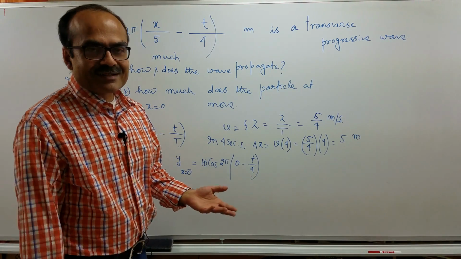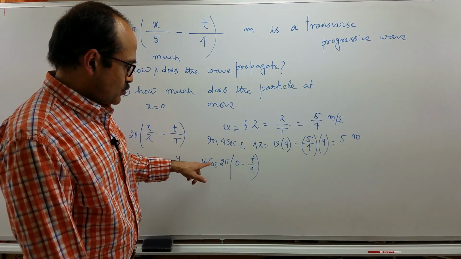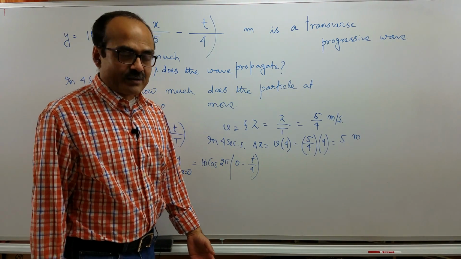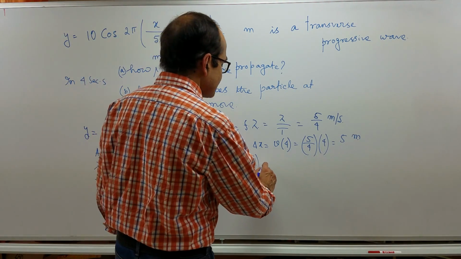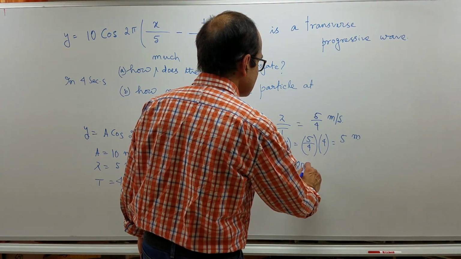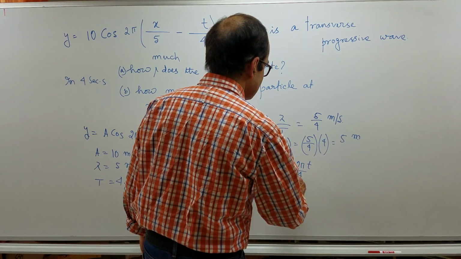As cosine of minus theta is the same as cosine theta, cosine 2 pi times minus t over 4 is the same as cosine 2 pi times t over 4. So this is 10 cosine 2 pi t over 4.